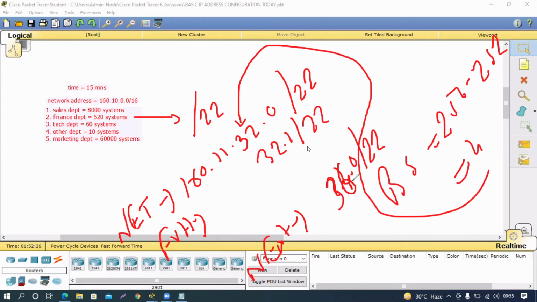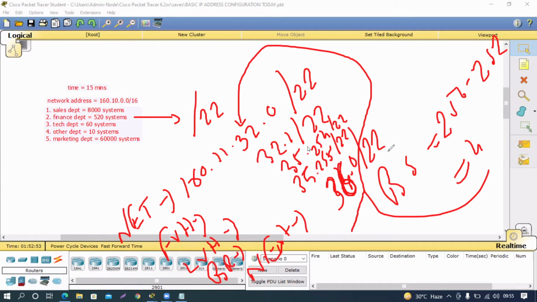So our broadcast address will be 160.11.35.255. The last valid host will be 160.11.35.254/22. That is correct. So our next network address is 36.0.